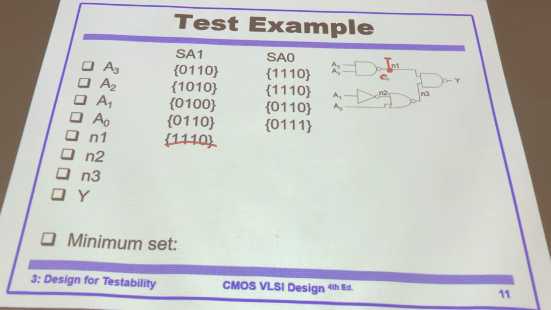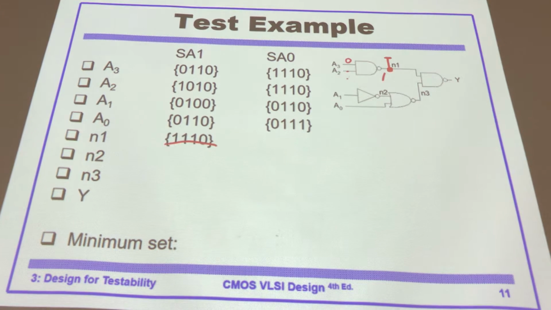If you give 0, 1, you will never tell it's stuck at 1 here, because the original value is 1. And if it's stuck at 1, you're getting the same value.